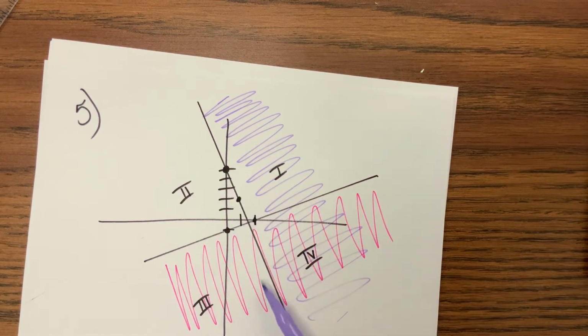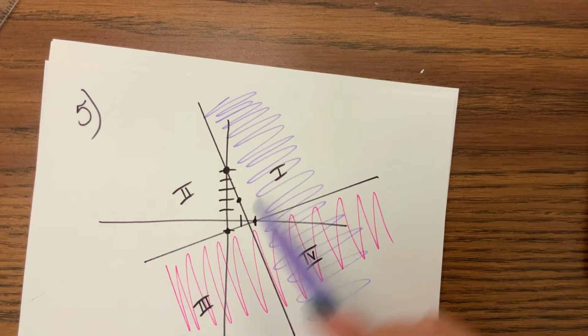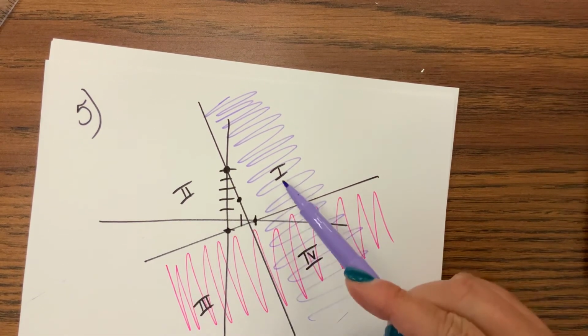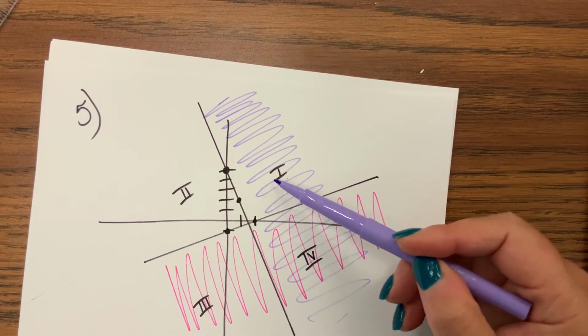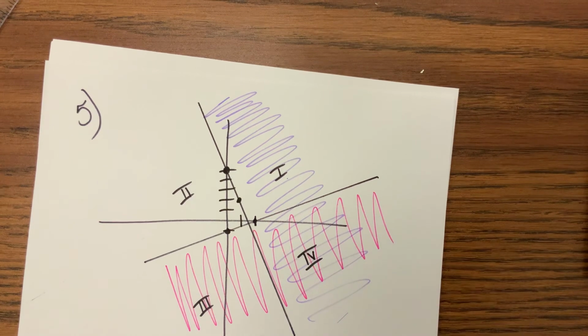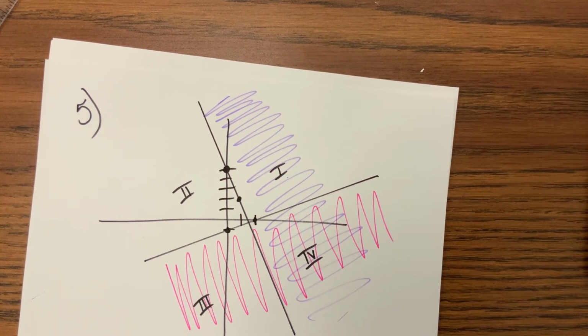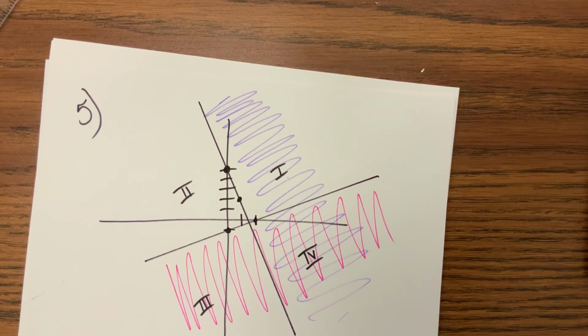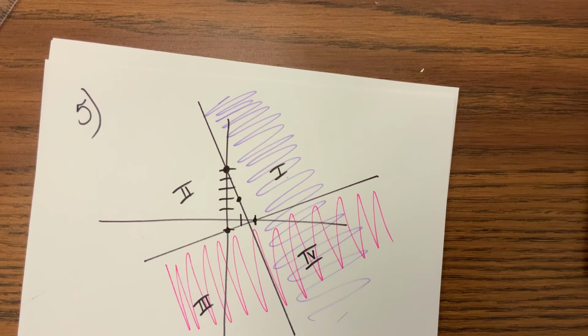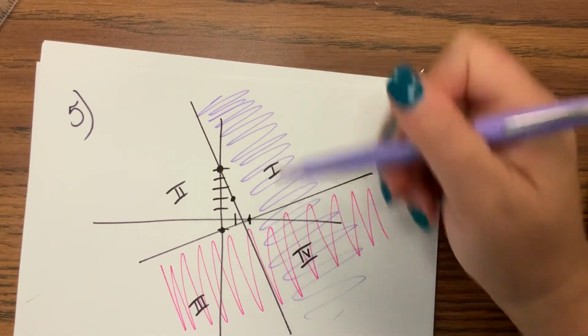And then when I drew these lines, they made what we call quadrants. So I label them 1, 2, 3, 4, and that's what they've done in the picture. And then what you're answering, it says which region represents the solution to the system shown here. So again, they've already got the picture drawn. You just got to know, because they've just done all different colors, where the shading would be.